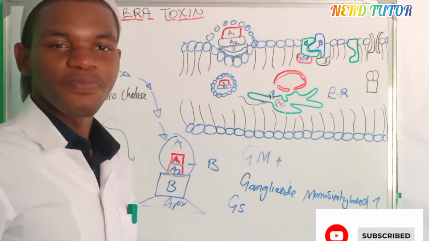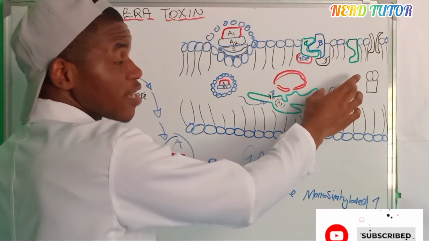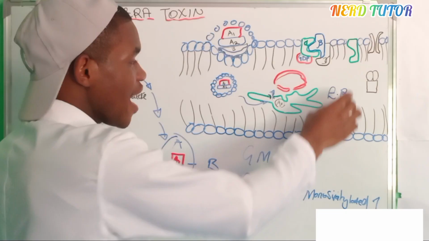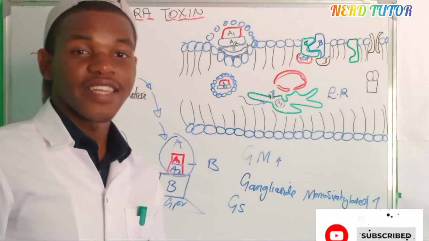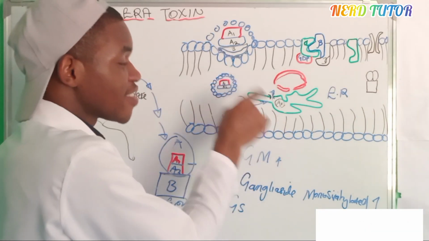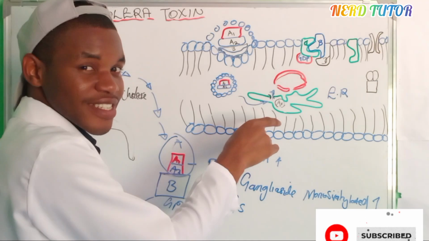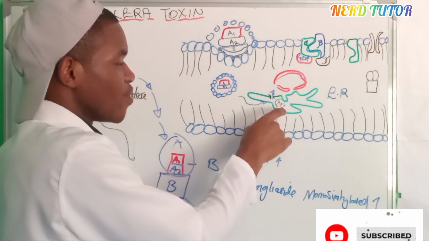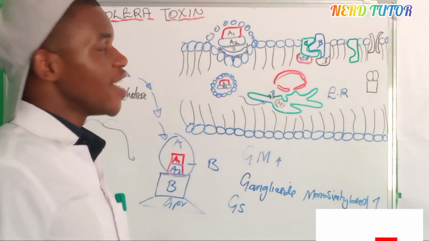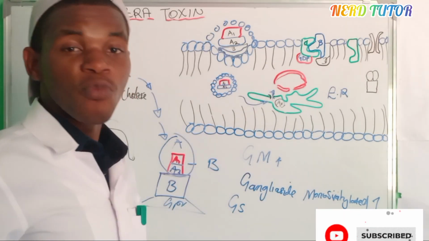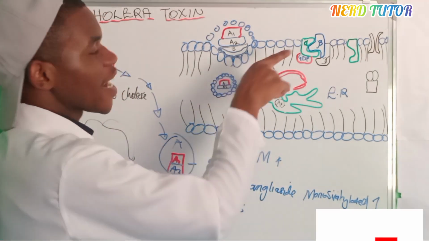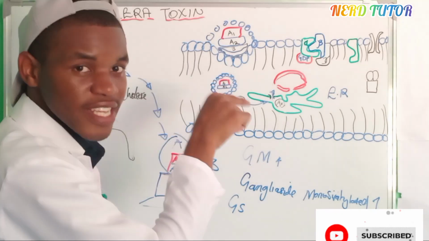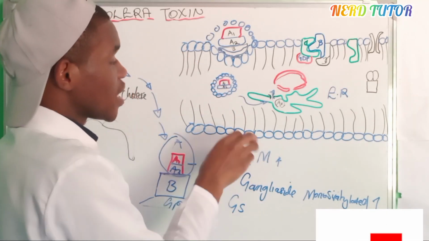Think of the endoplasmic reticulum as the dressing room of the toxin. So this toxin will be taking this as the dressing room. They are going to be changing everything so that when they come out, they will come with full force. They will now attack and go and modify the GS protein. So this is what is happening here.